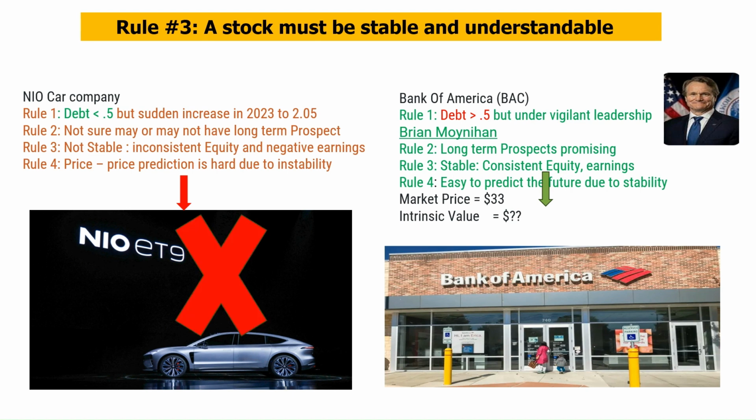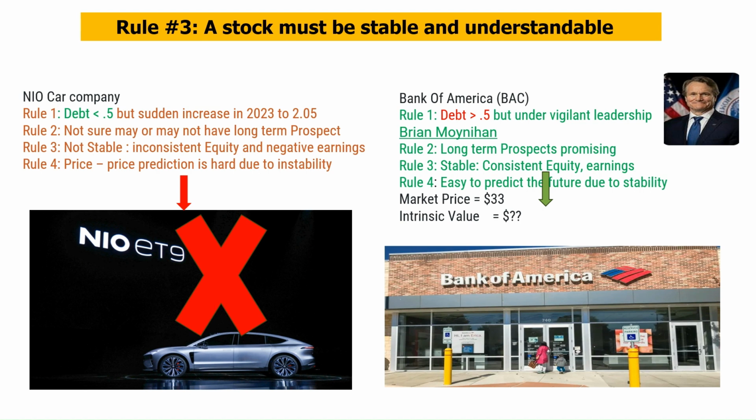I rejected the Neo car company from proceeding further because of rule number 1: the debt to equity ratio was less than 0.5, but there was a sudden increase in the debt to equity ratio to 2.05 in the year 2023, which I don't understand why, and also I don't know anything about the leadership team. For rule number 2, I am not sure whether Neo has a long-term perspective or not.